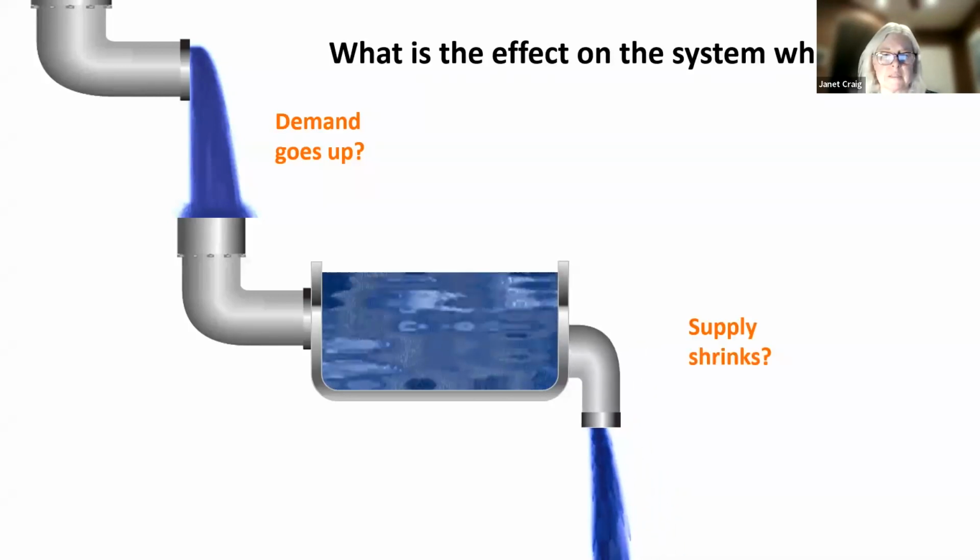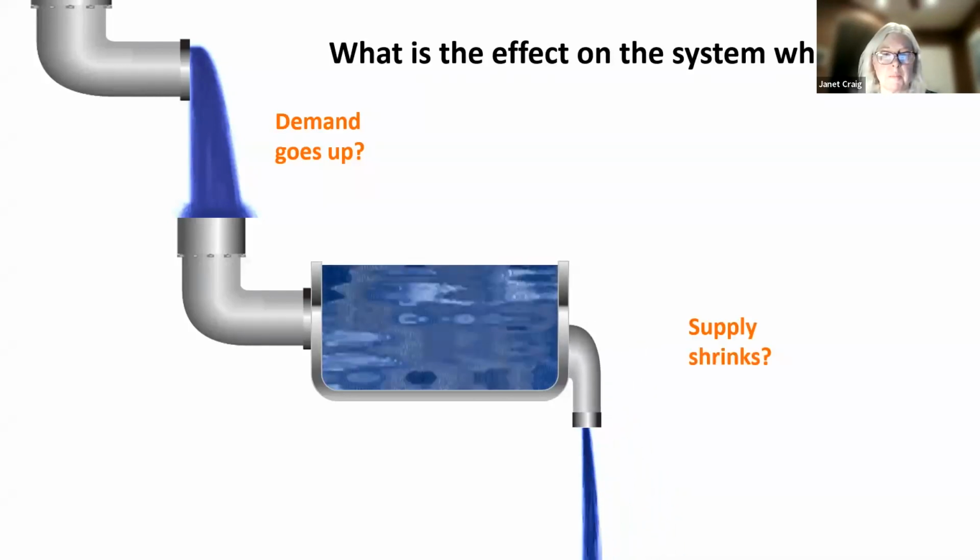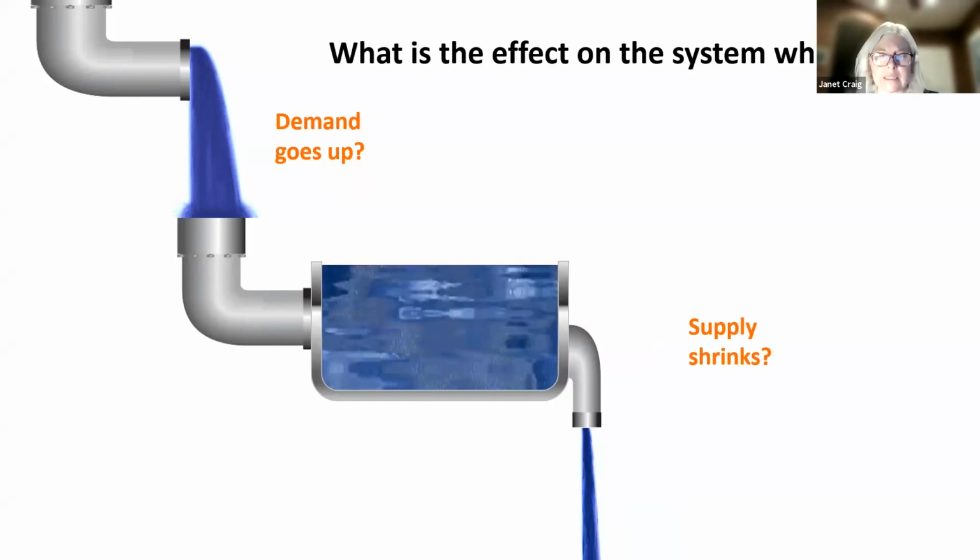And what happens if supply shrinks? Well, the backlog gets worse. Supply can shrink if you work less or if you have a lot of no-shows. Those are things that might shrink your supply, not give you as much capacity to see your patients.